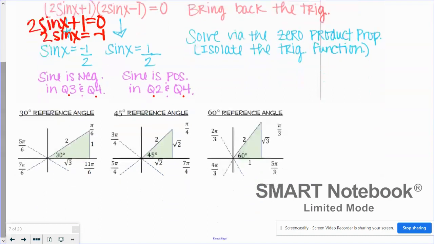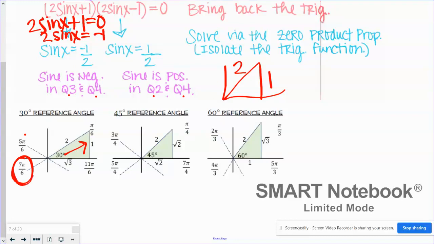But both of them are 1/2. Okay, so one reference triangle, because sine is opposite over hypotenuse, and we see that here with our 30-degree angle. So sine is negative in quadrants 3 and 4, which means 7 pi over 6 and 11 pi over 6 are the solutions to this half of the problem.